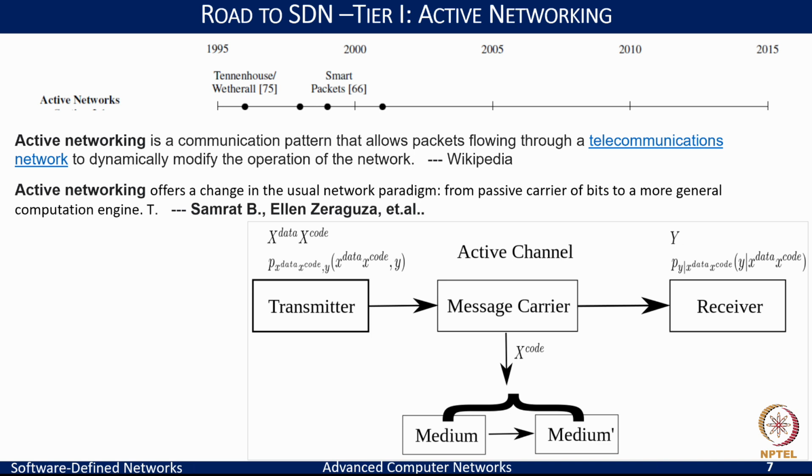And to make this happen, you also add the code that would operate on this particular data X within the network, and where this manipulation or function, when it is run, would translate this X of data into Y, which the receiver needs to receive.